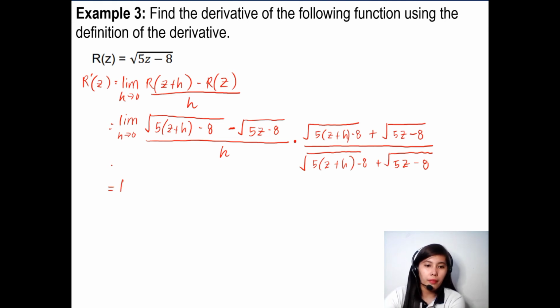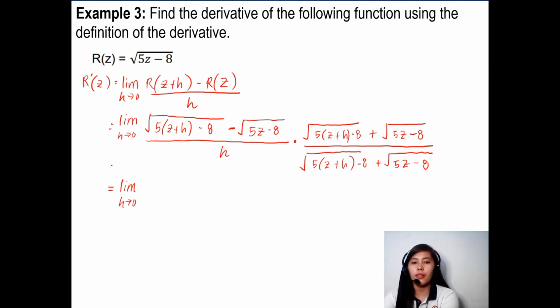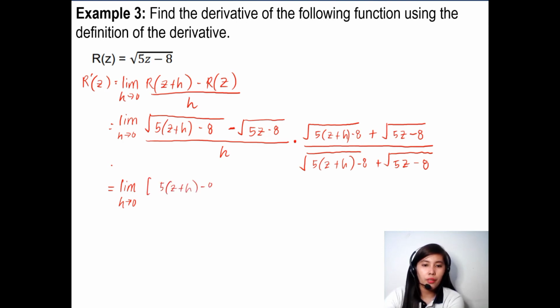Let us simplify. So limit of, since we have here a multiplication of sum and difference, this will be 5 times z plus h minus 8 minus 5z minus 8.